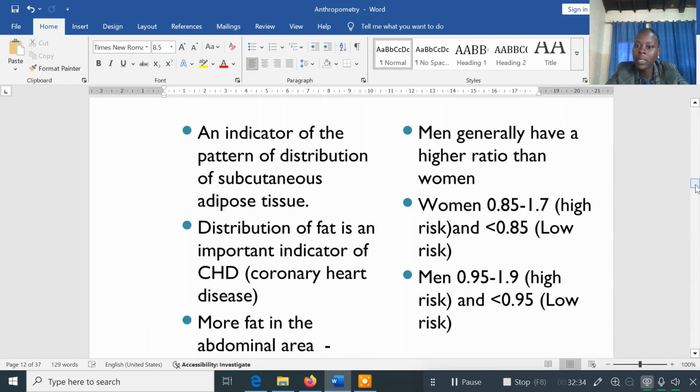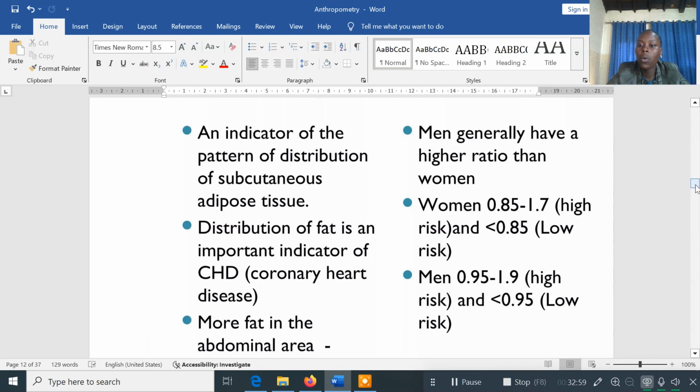So what we get is the ratio we are talking about. They are saying that women with a ratio of 0.85 to 1.7 are at a higher risk of developing the other health conditions we've talked about, coronary heart diseases and diabetes.